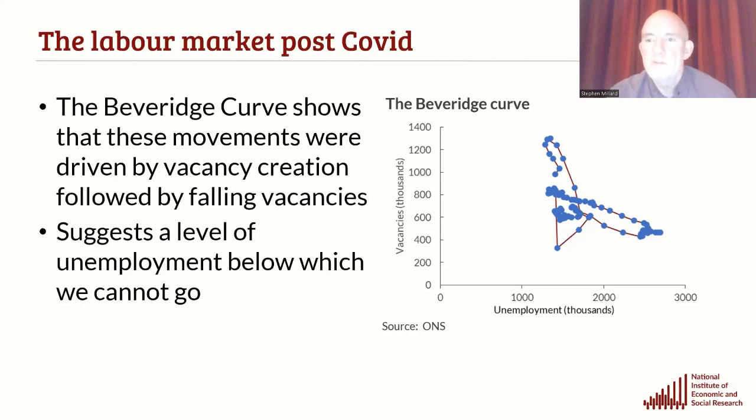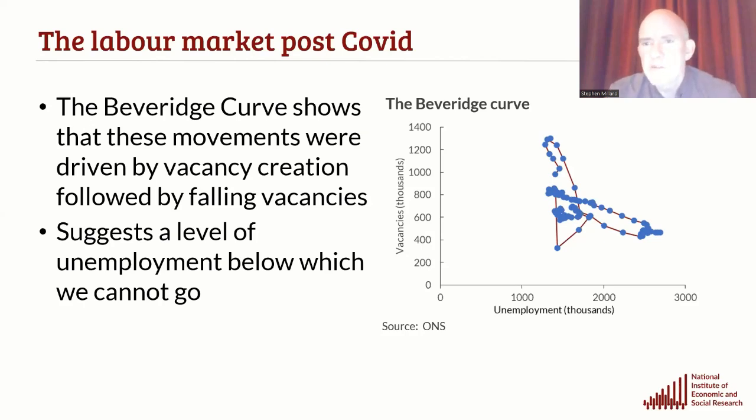There's a big, strong demand for workers that we don't seem to be able to fill at the minute, and there are two big reasons for that. One is the inactivity that I mentioned, so the large increase in long-term sick in particular. 750,000 extra workers out of the labour force. That makes a big difference.